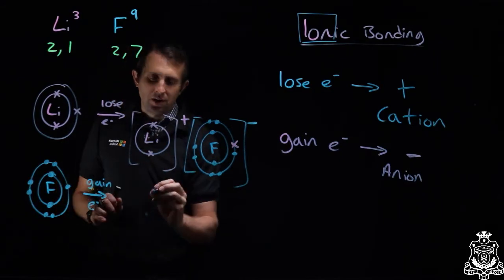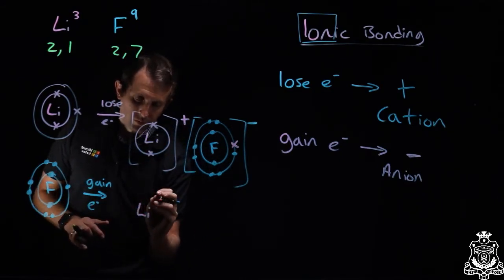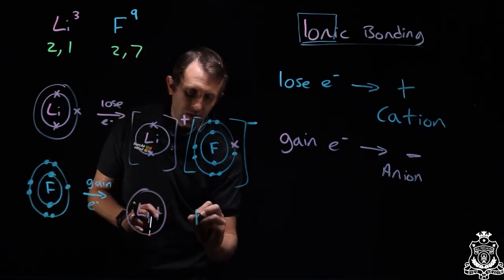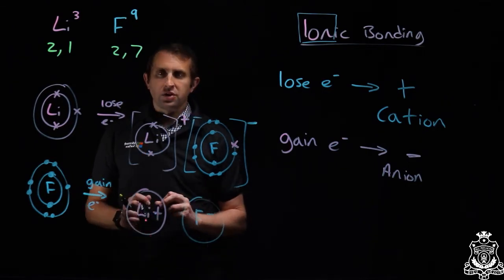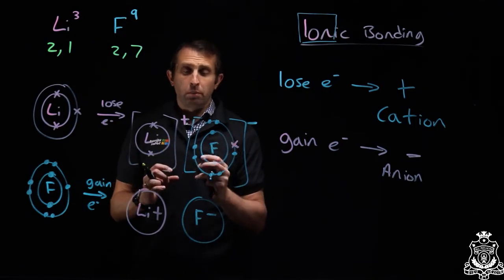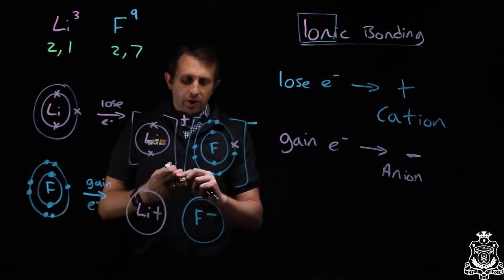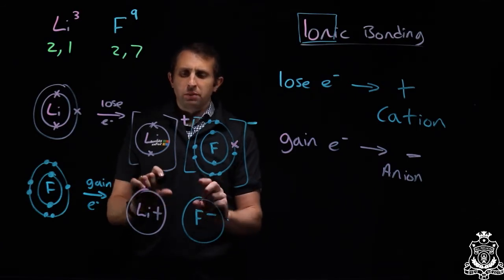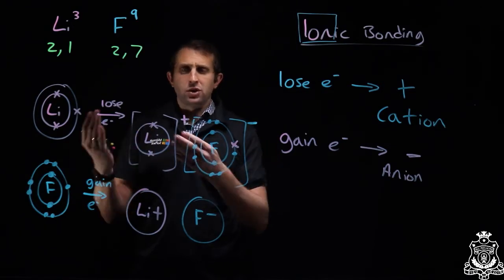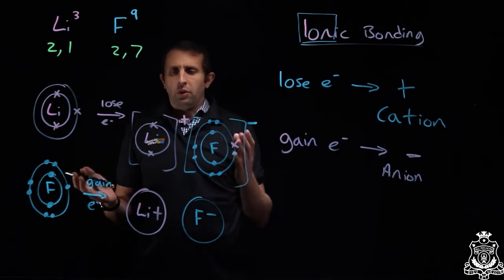So lithium overall is positively charged, and fluorine here is negatively charged. These positive and negative forces attract, forming strong bonds, and that's our ionic bonding. So the ionic bond is that force of attraction between the positive and the negative. How it becomes positive and negative is by that transfer of electrons. So that's how we're going to represent our ionic bonding.